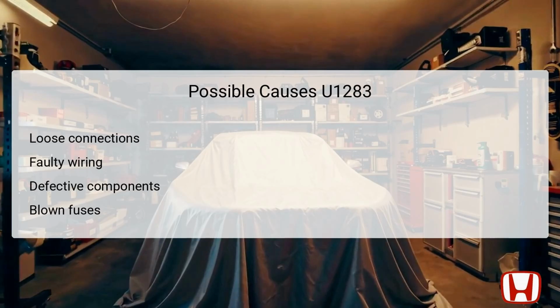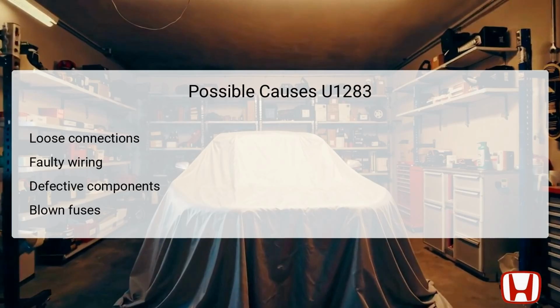Several factors can lead to DTC U1283, starting with loose or poor connections. These weak links in the wiring can interrupt the signals sent between the Door Multiplex Control Unit and the Passenger's MICU. Additionally, faulty wiring can also result in a miscommunication or a complete failure in communication.